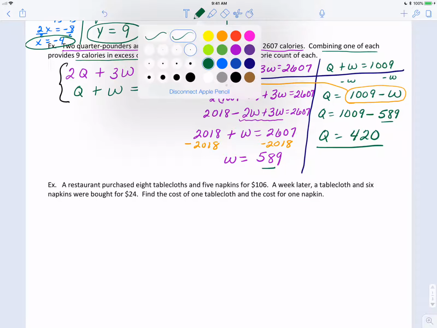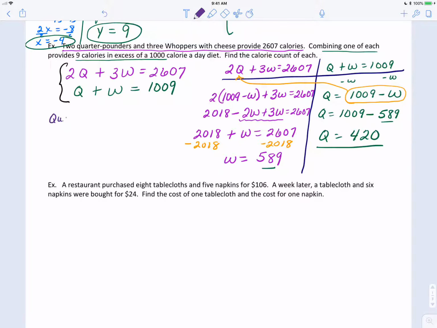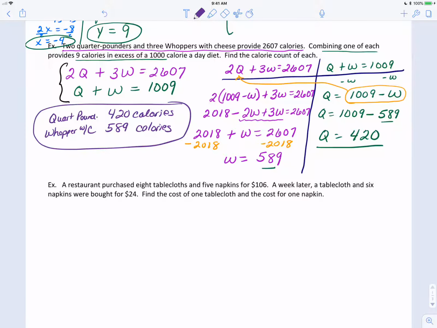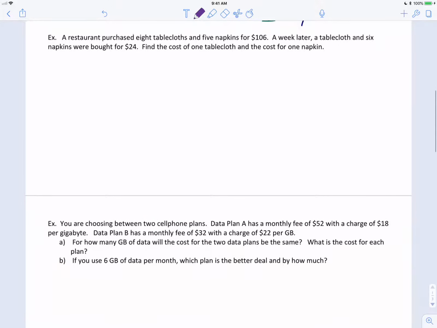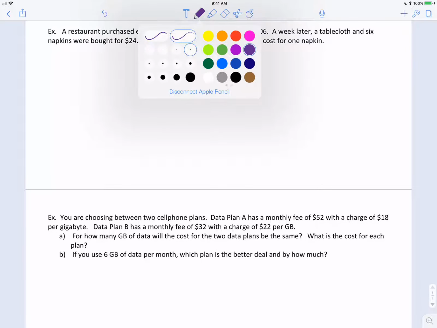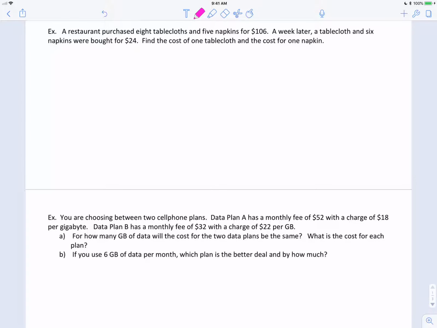But if you needed to write your answers, then a Quarter Pounder has 420 calories and a Whopper with cheese has 589 calories, which I'm sure in MyMathLab it gives you. Just make sure you know which one is which so that you don't get those answers mixed up in MyMathLab, and then that would just tell you that the problem's wrong when you really know that you did it right. Okay, so here we go again.